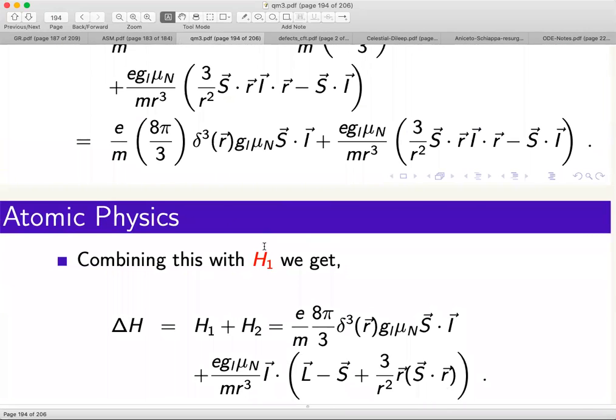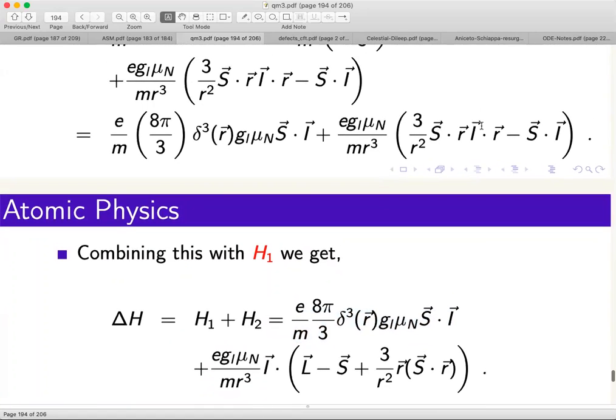I'm writing down this term first: e by m times 8 pi by 3 delta cube times g_l mu_n times S dot I. That is the first term, which is coming from H2. And then there is a term like this, which contains the S dot I piece, and then there is a term like this, which is combined with H1.